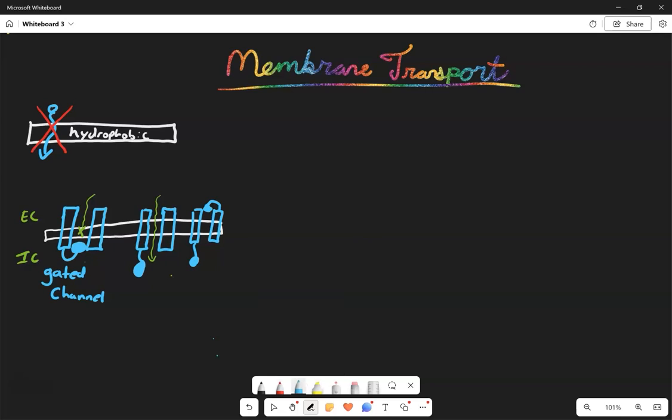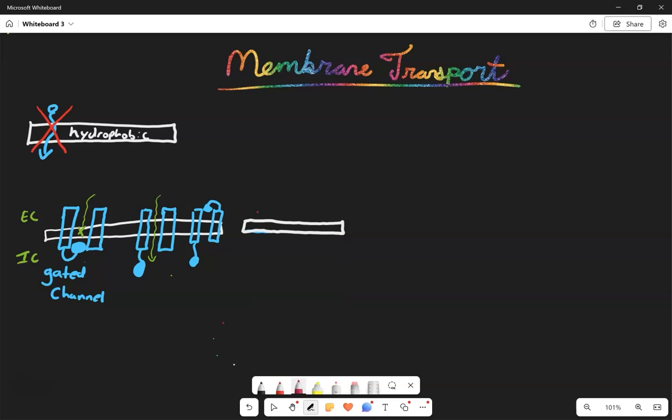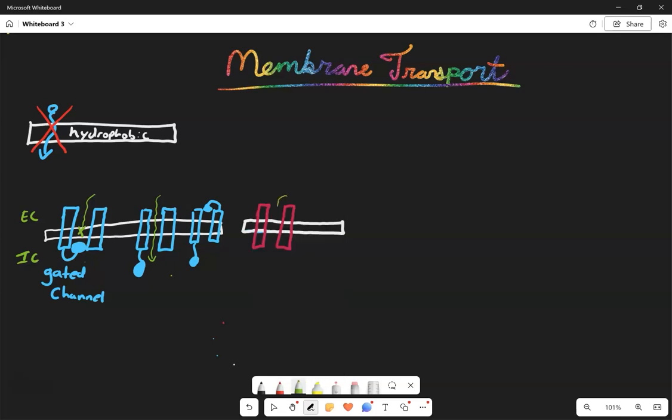Other channels can just be open channels. Let me draw my membrane here in gray, and let's draw this one in purple. These channels look like this. So whatever wants to move through it can just easily move through it.